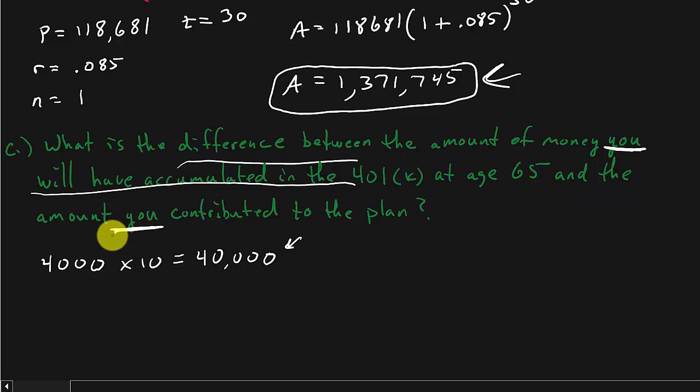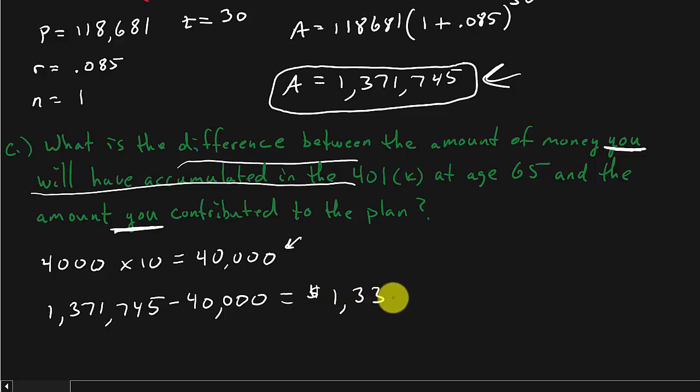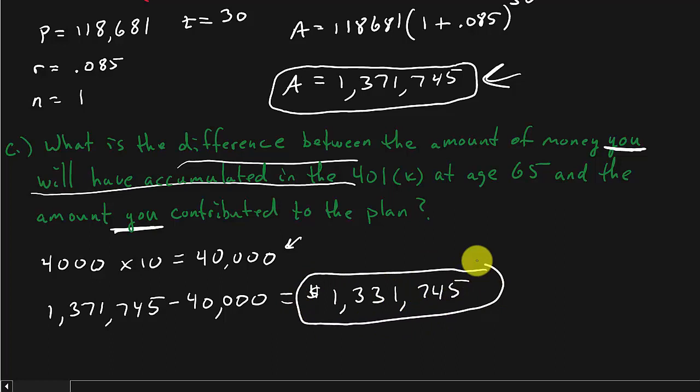So we only contributed $4,000 per year, and so the difference would be 1,371,745 minus the 40,000, and that turns out to be 1,331,745. Okay, so you got a lot of money and didn't put a lot into it, right? You only put 40,000 in there, and you got a little over 1.3 million.